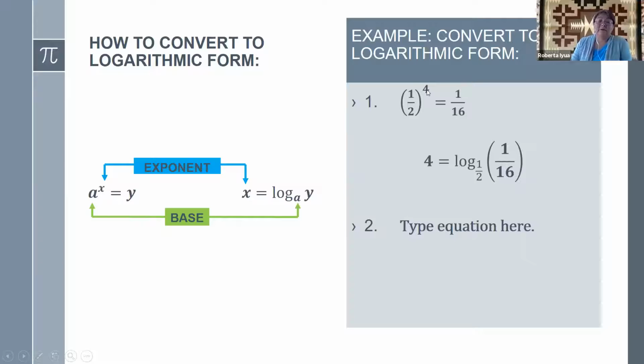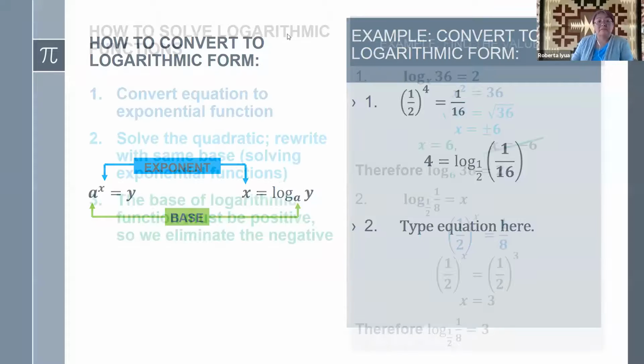Your exponent 4 will go on one side of the equal sign, and you get 4 equals the log, with 1/2 as your base, of 1/16. I'm sorry, I didn't put it in a second equation.